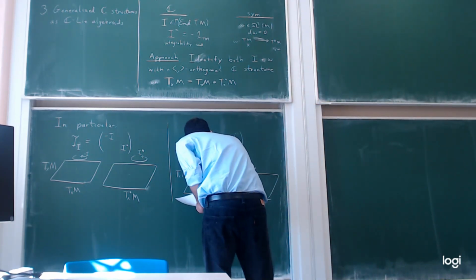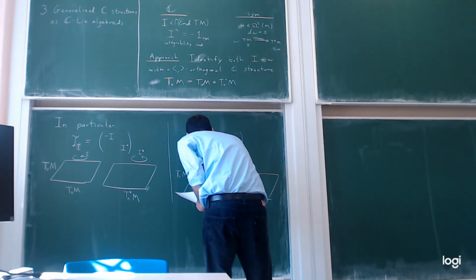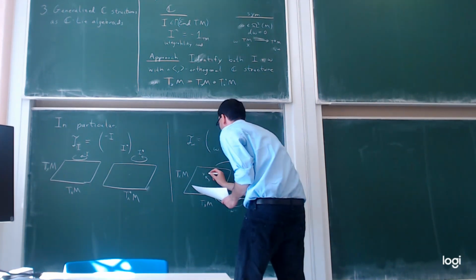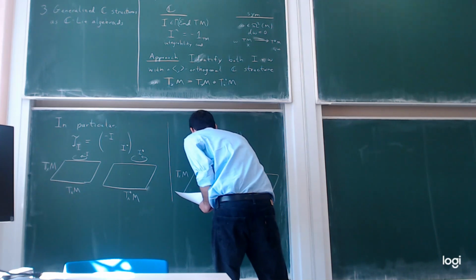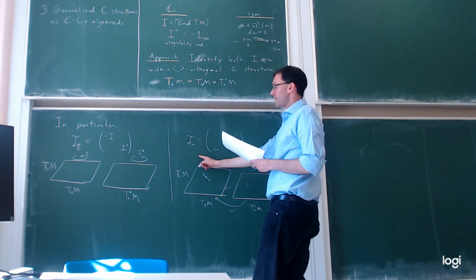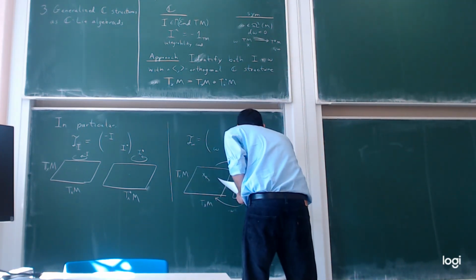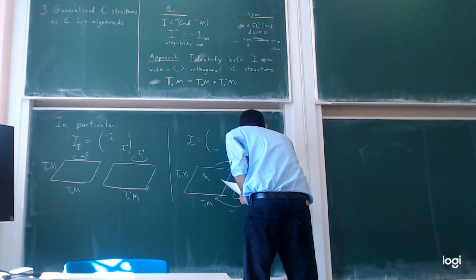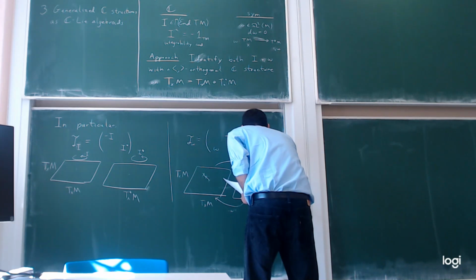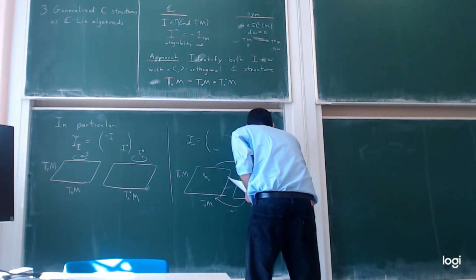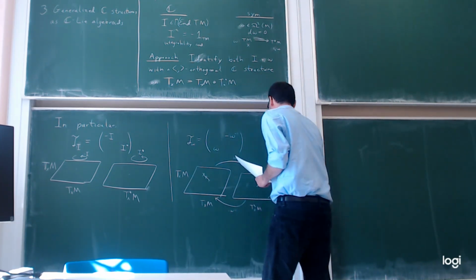So in particular, let's say here is a tangent vector capital X, then J omega of X is equal to the interior product of X with omega.